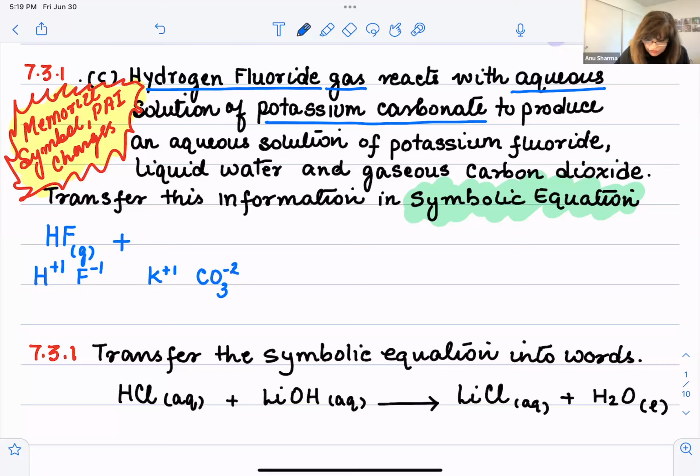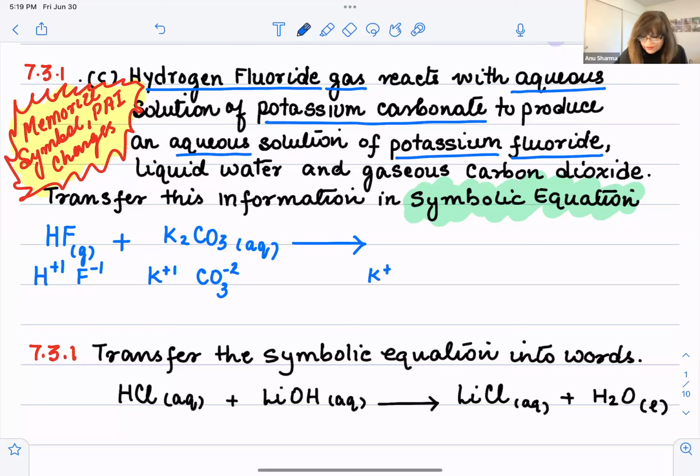So remember, crisscross, and you get K2CO3. Now it is saying aqueous. It's soluble in water, so it is aqueous. To produce an aqueous solution of potassium fluoride, which is also an aqueous solution. Now that means you're going to put an arrow to show that you're producing.